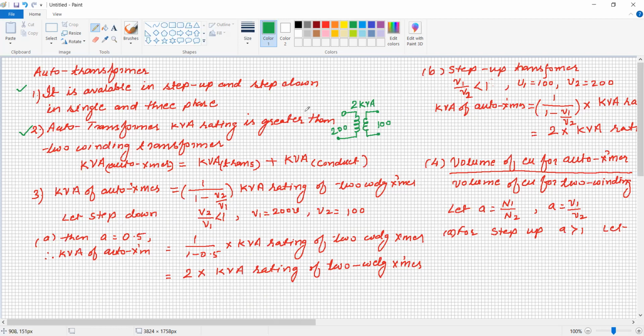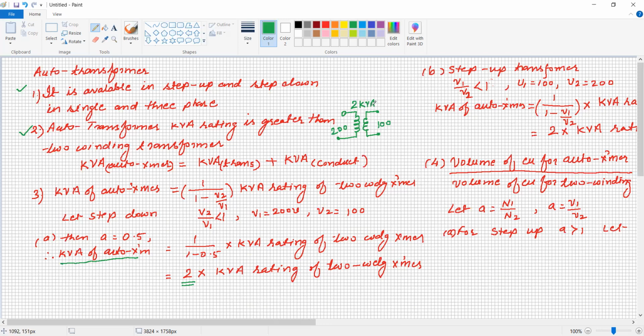What would be the kVA rating of the auto transformer when the two winding transformer is converted into an auto transformer? It is 1/(1 minus V2/V1). V2 is 100 and V1 is 200, so V2/V1 is 0.5, and the factor is 2. Therefore, it is two times the kVA rating of the two winding transformer.